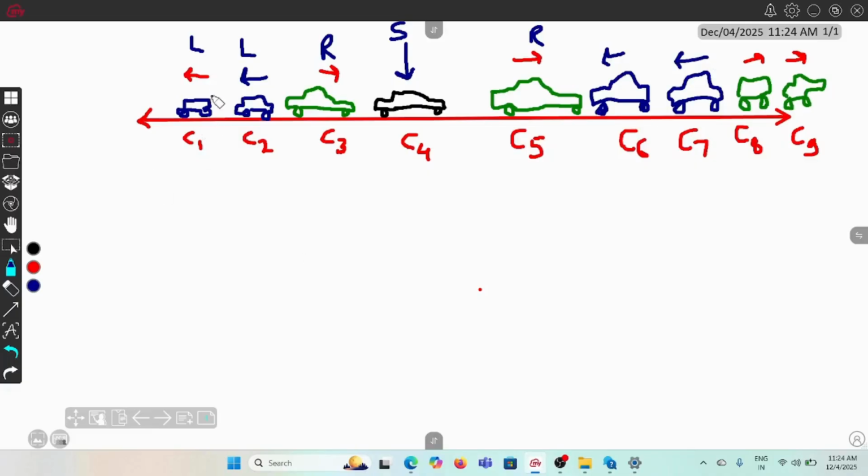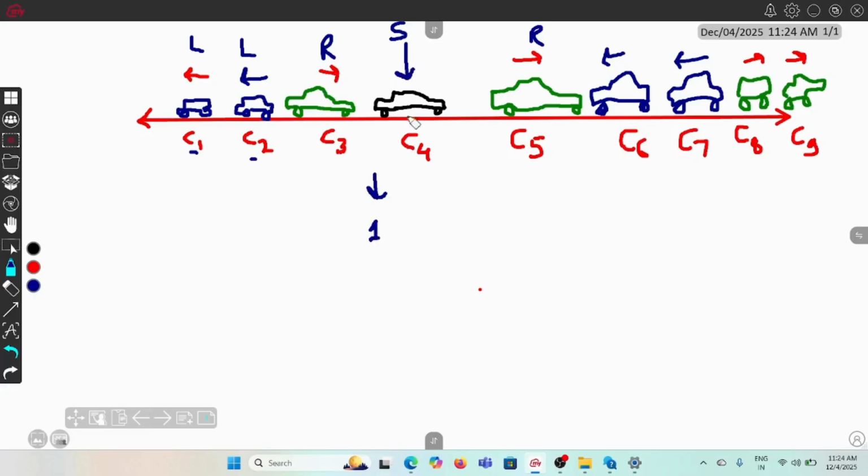You can observe these two blue cars, C1 and C2. They are moving towards the left, so they are not going to collide at all. But C3, which is moving towards the right, would collide with C4, which is staying. When C3 collides with C4, it gives us a score of 1, because it is colliding with the one in the staying state.